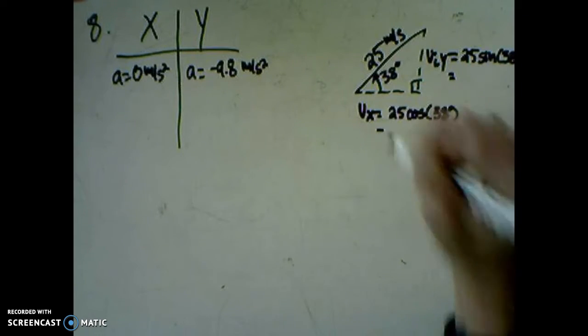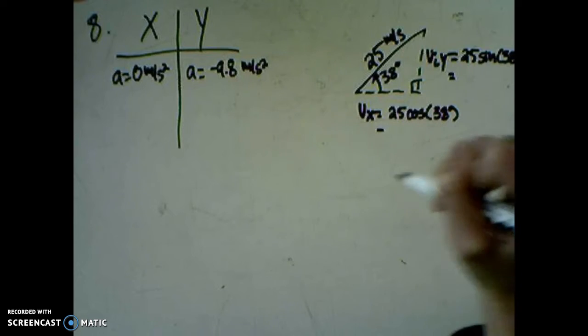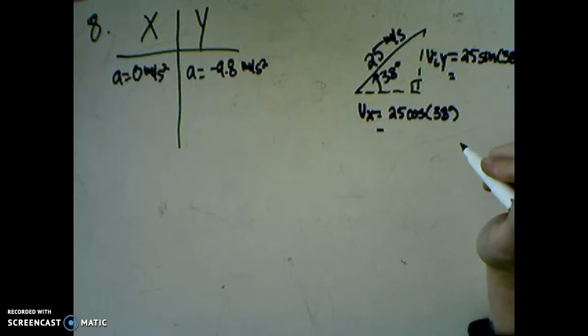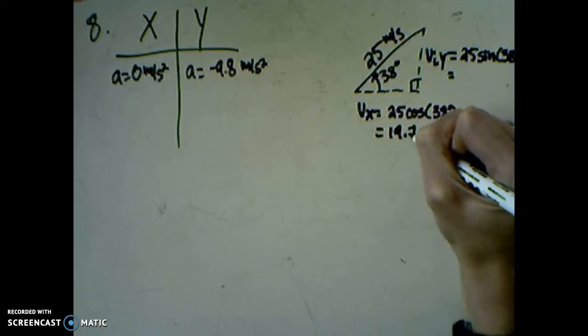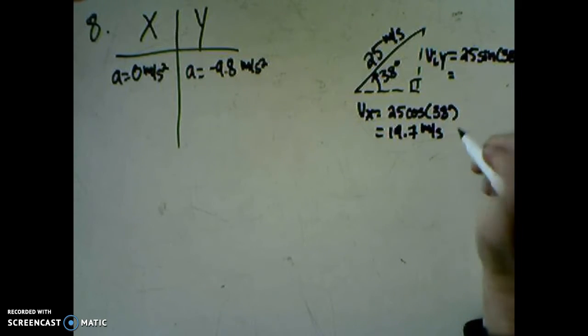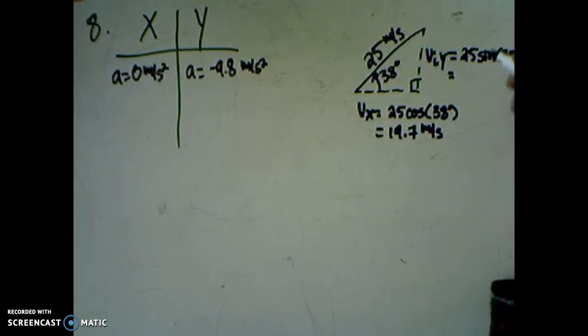Using my calculator in degree mode, I know that my x component is 19.7 meters per second, and my y component is 15.39 meters per second. And I can go from there.